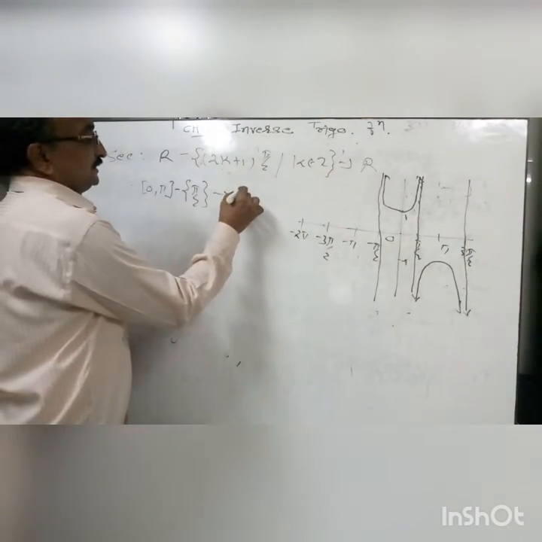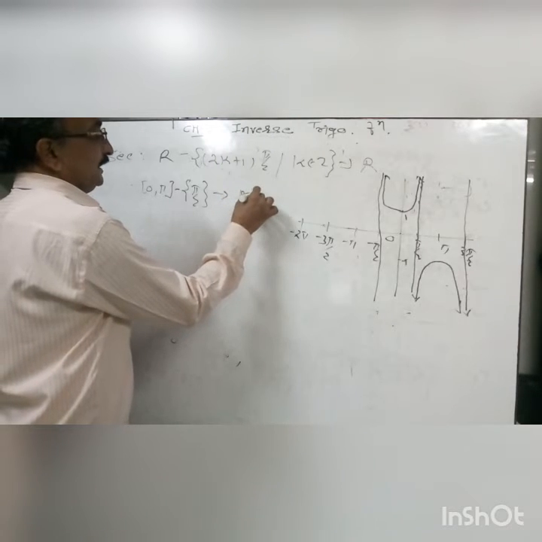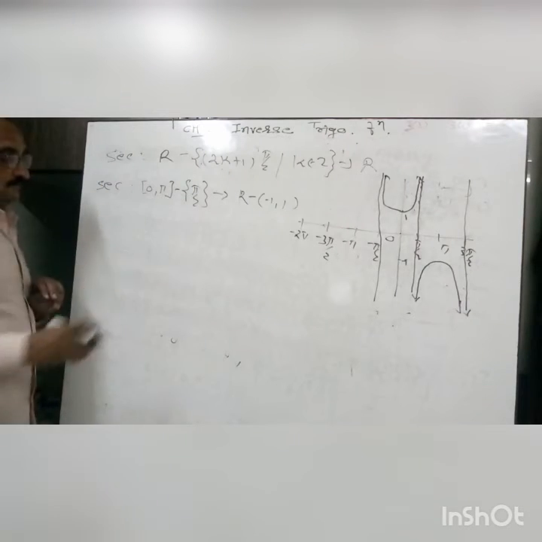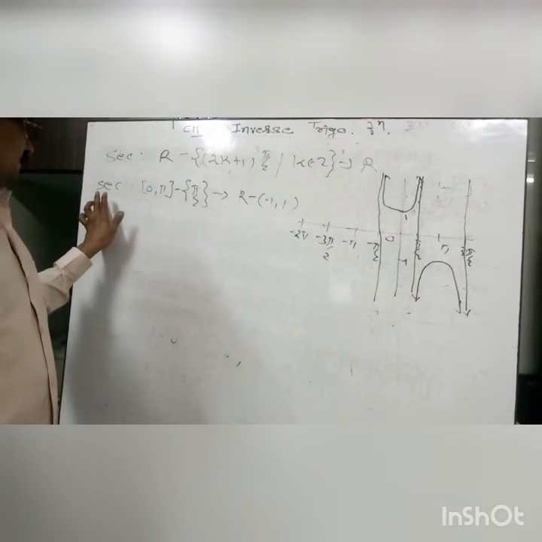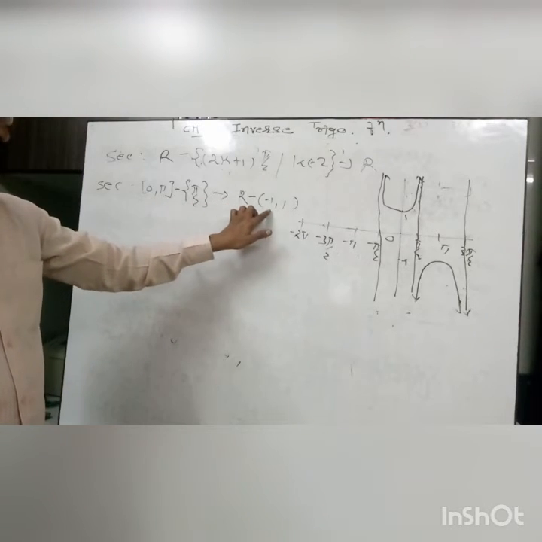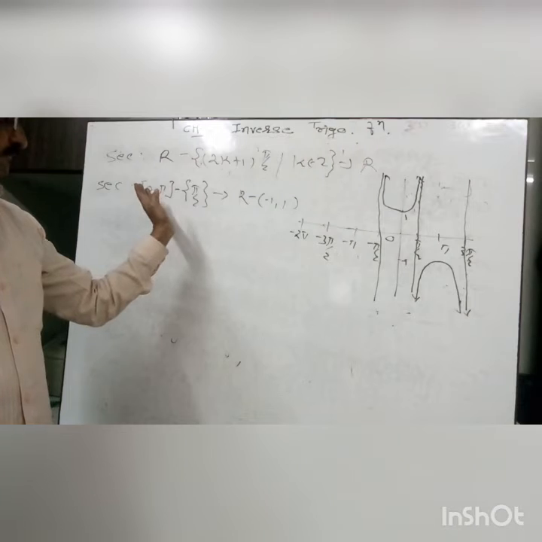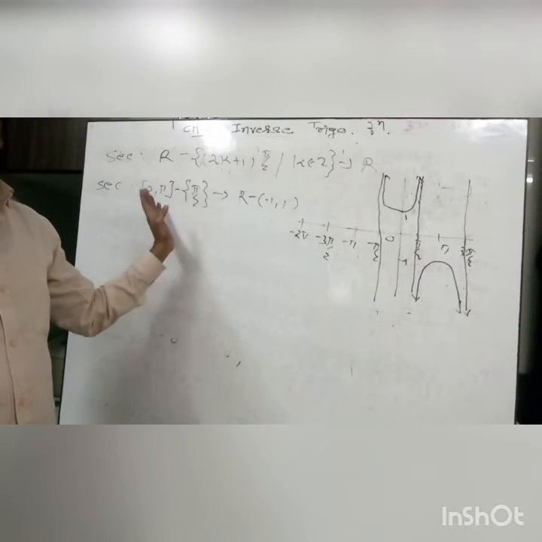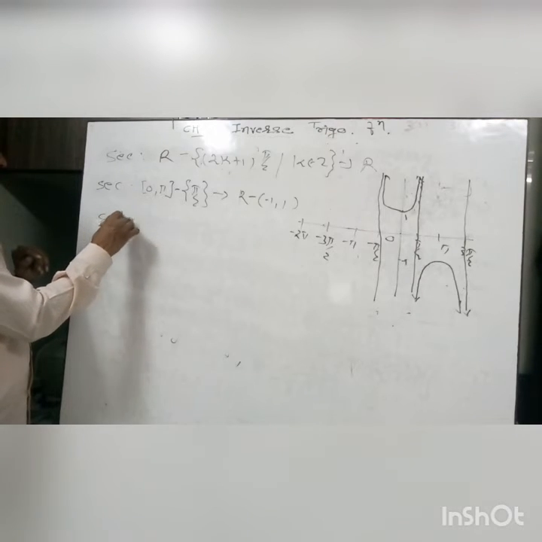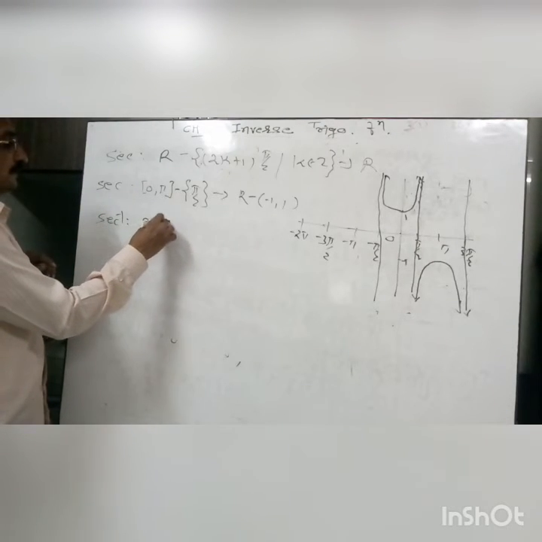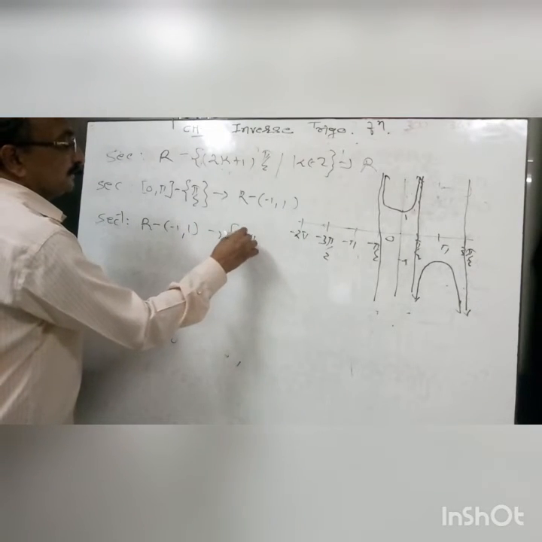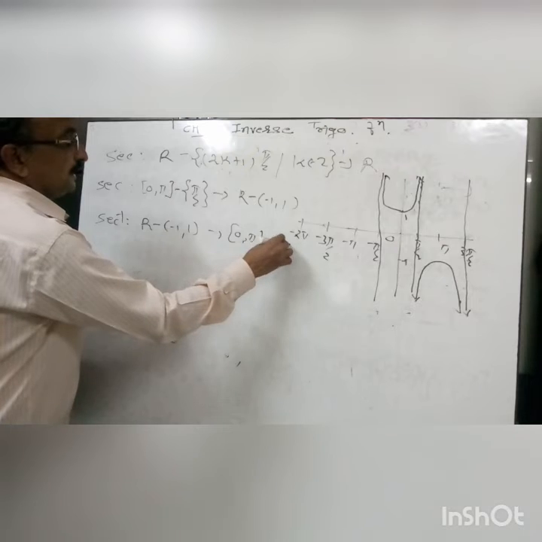Range of sec, we know, is R minus the interval minus 1 to 1. Then the sec function becomes a one-one onto function. So here sec from 0 to pi minus pi by 2 to R minus the interval minus 1 to 1 is a one-one and onto function. In this case sec inverse exists, and sec inverse is a function from R minus minus 1 to 1 to the closed interval 0 to pi minus pi by 2.